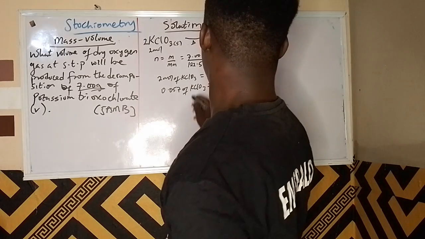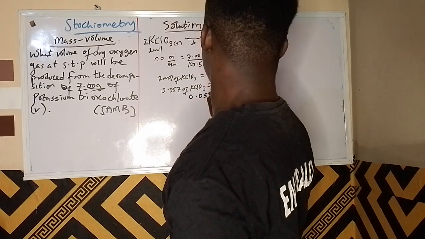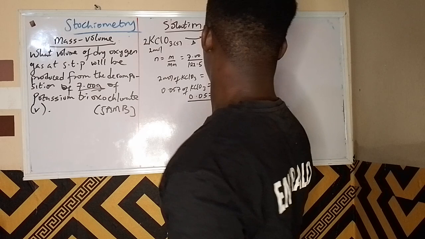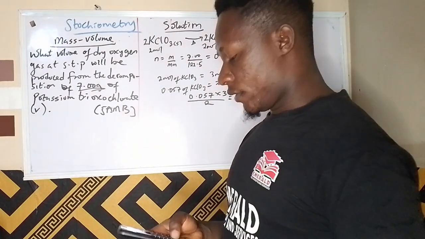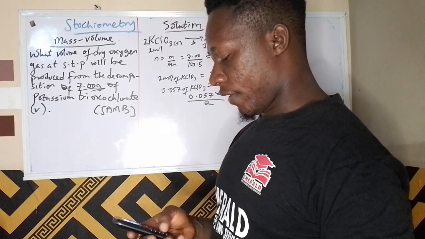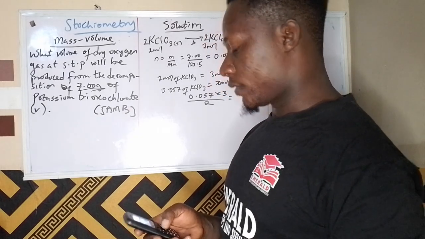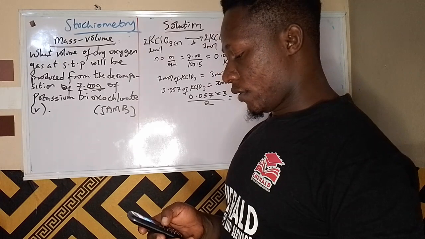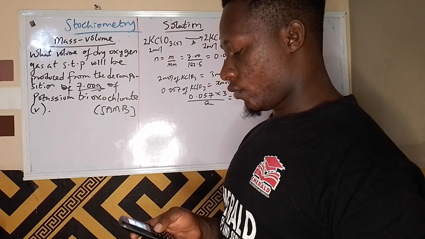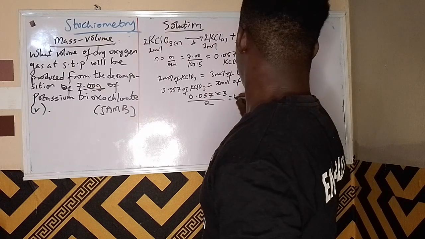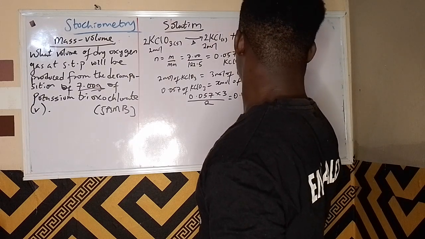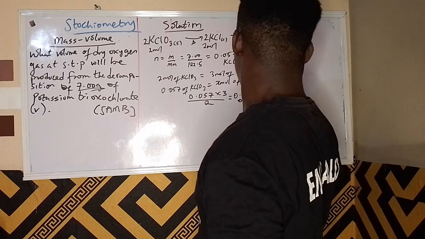If you cross multiply, you are going to have 0.057 times 3 over 2, which is 0.086 mole of oxygen.